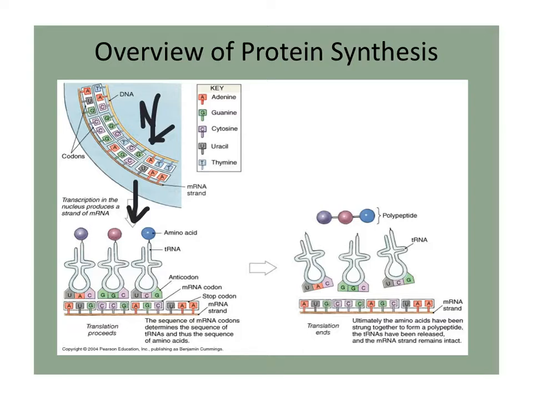And as the messenger RNA goes through that ribosome, the transfer RNAs arrive carrying specific amino acids. Again, I have this on a chart later, so if you're not understanding this fully, don't worry. DNA, it's called the code. Messenger RNA, it's called the codon. And transfer RNA, it's called the anticodon.